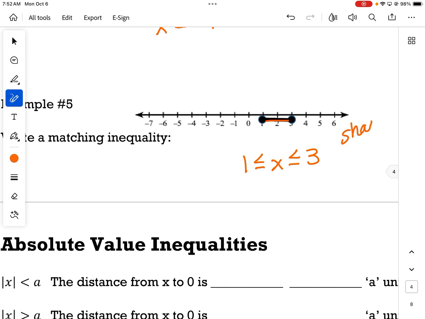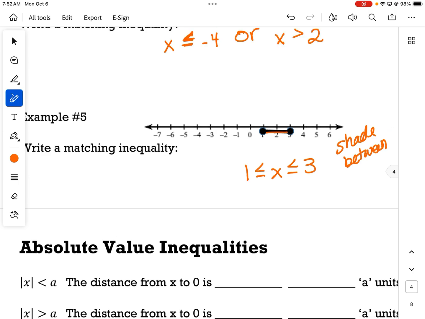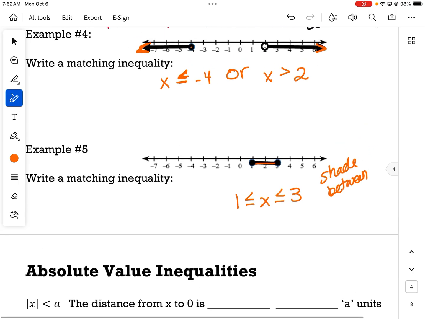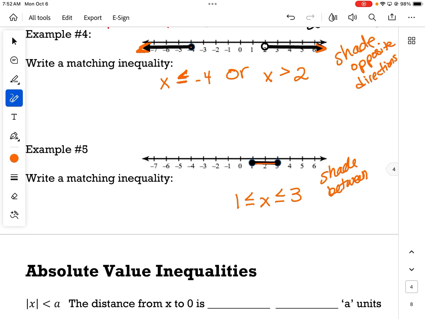So this is shade between, and it looks like this. And then the previous one was shade opposite directions. So that's what you're going to be looking for.